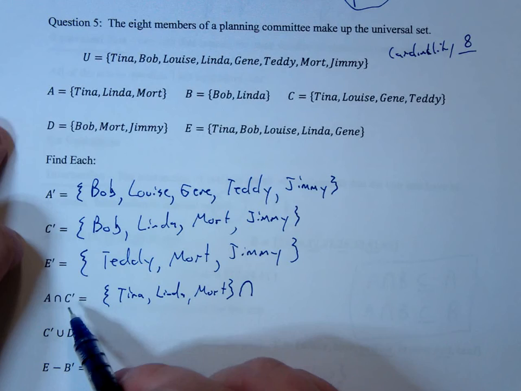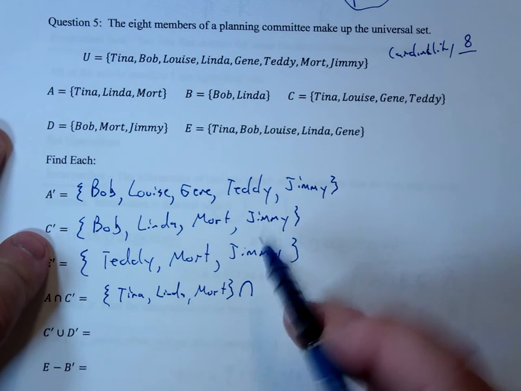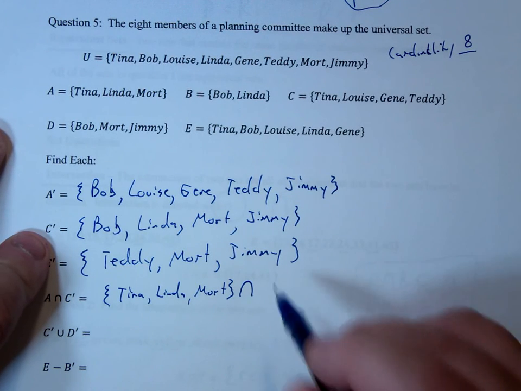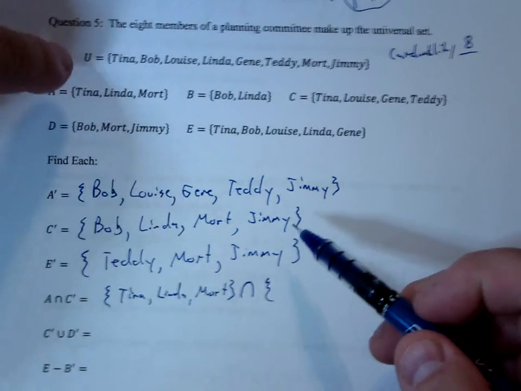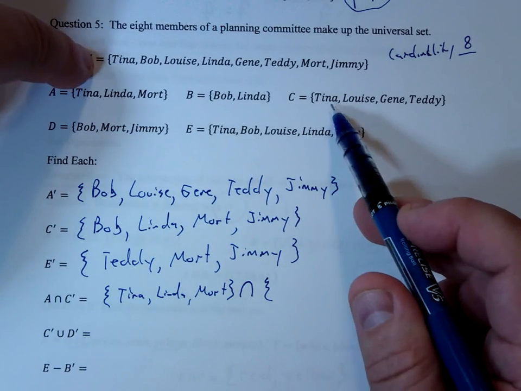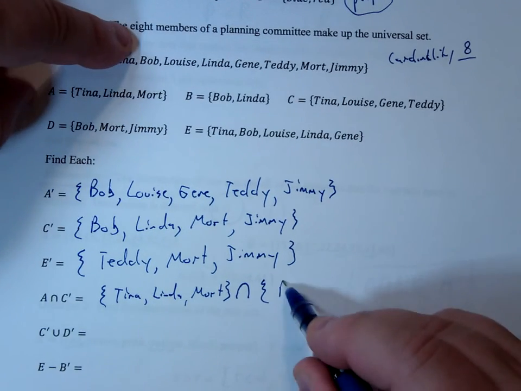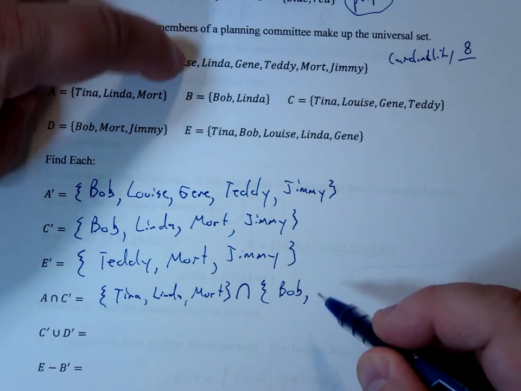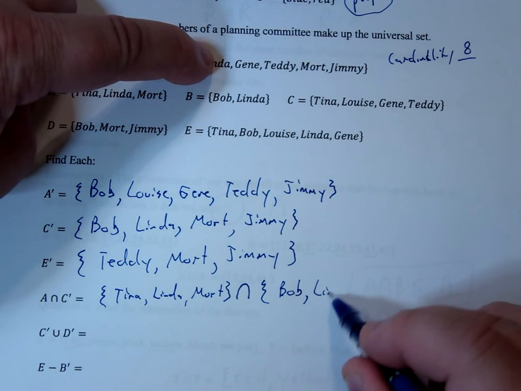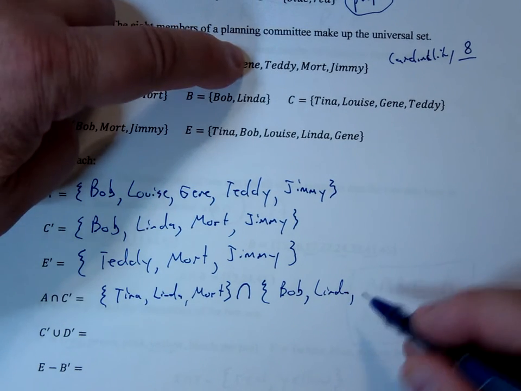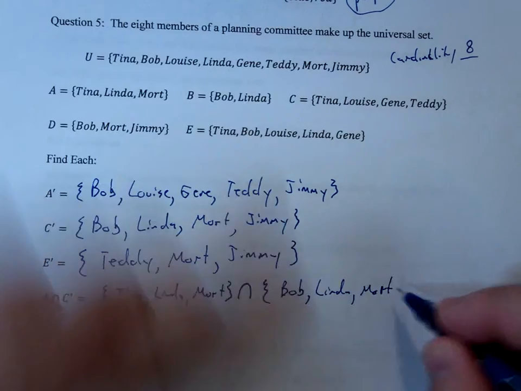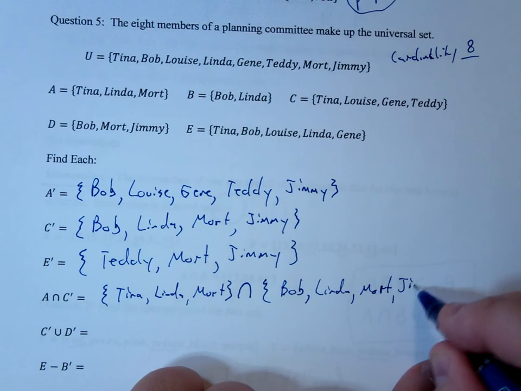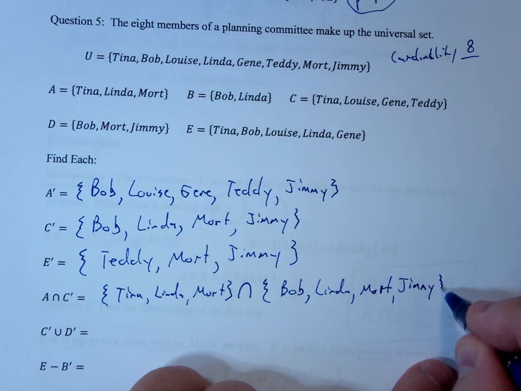Well, we already wrote C prime, but again, if I didn't have it here, I could say, okay, Tina's not in C prime, Bob is, Louise is not, Linda, Jean is not in it, Teddy's not, but Mort and Jimmy. My horrible handwriting, sorry about that.